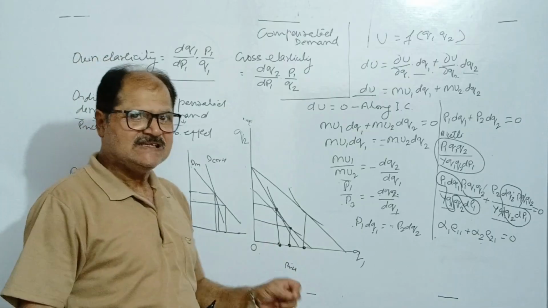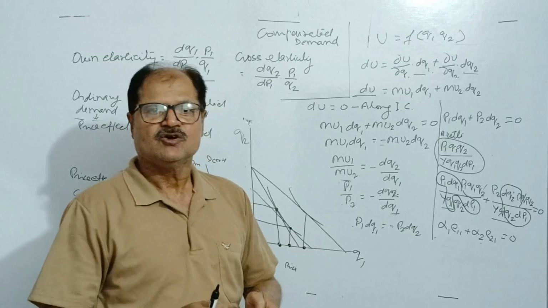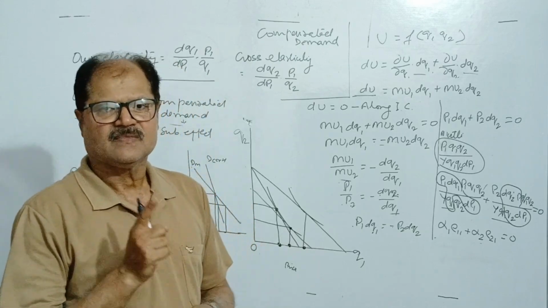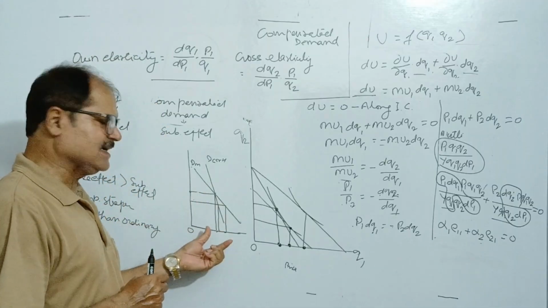On the basis of this difference between price effect and substitution effect, we draw compensated demand curve and ordinary demand curve, जो इस फिगर में किया गया है.